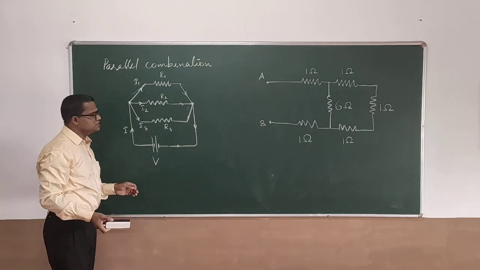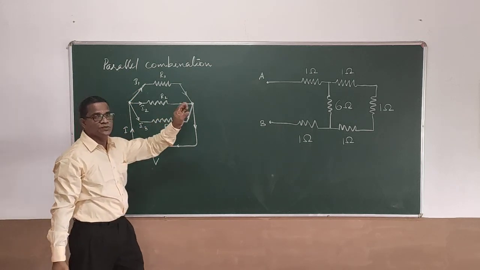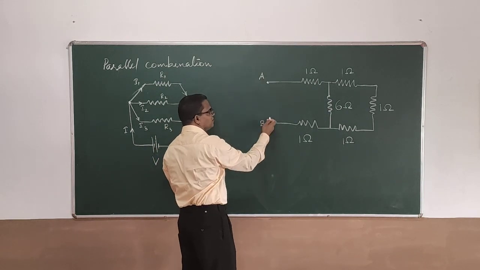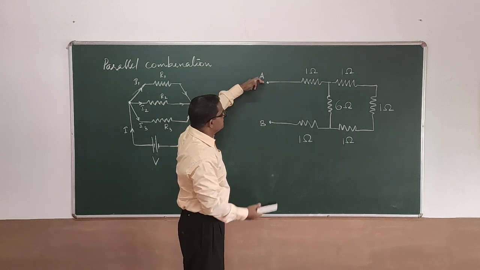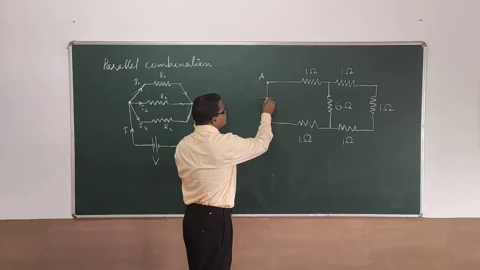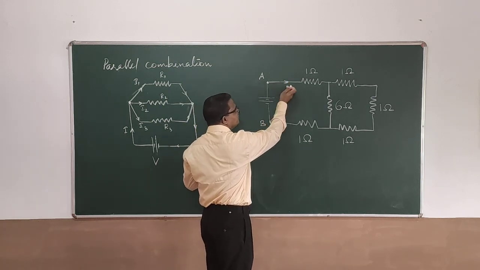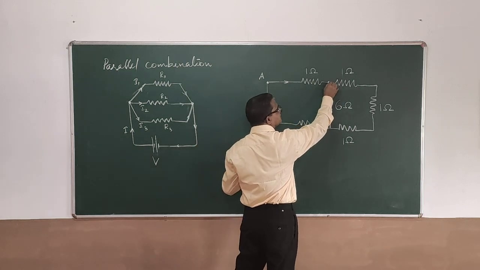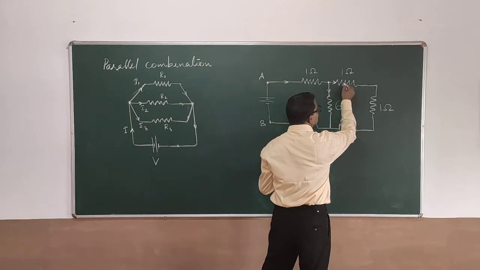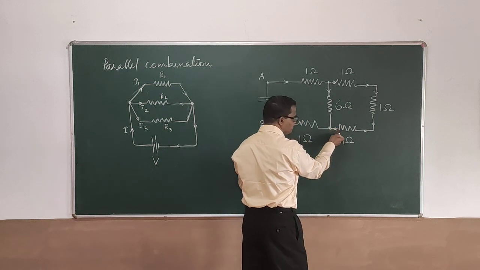Now how we use the already studied individual combinations into this. To understand that, let us assume a supply connected across A and B. When I connect a supply across A and B, a current will be derived from this one and that current reaches over here and splits up into two, and whatever that comes over here will be flowing through this and reaching over here.